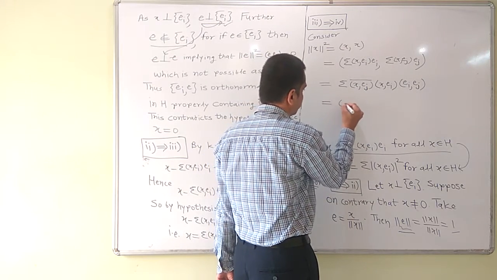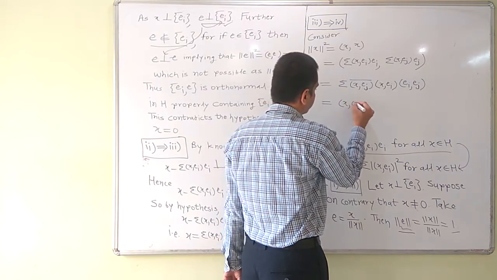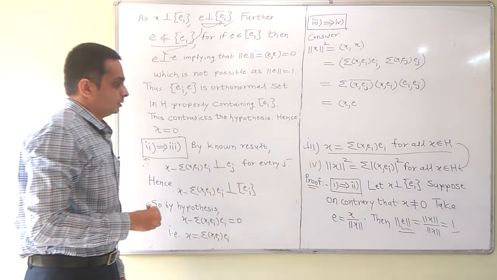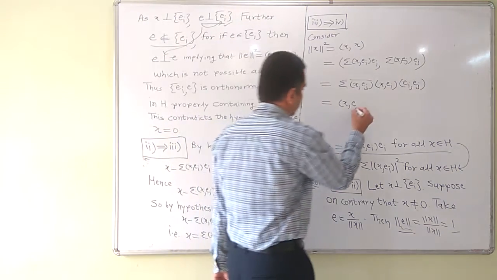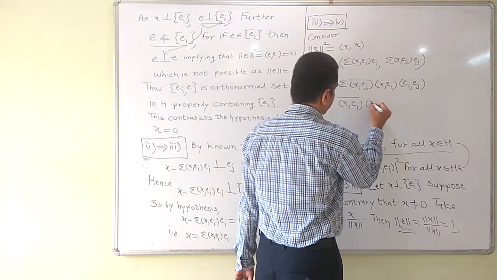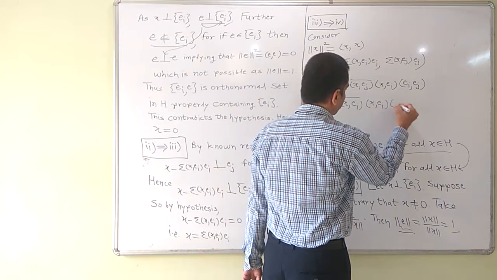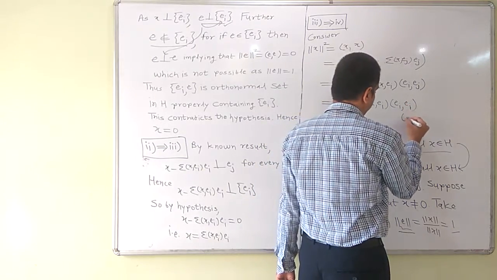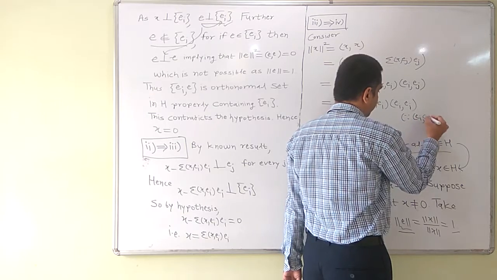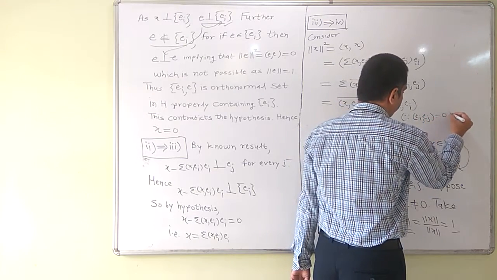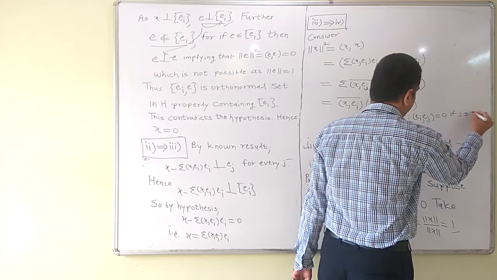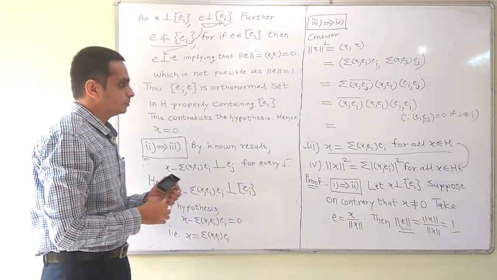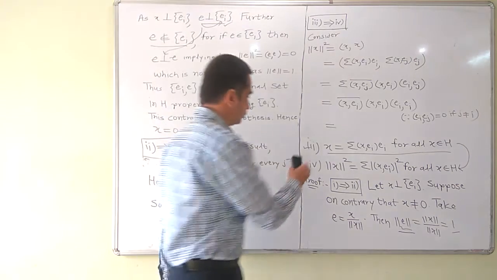So we have the simplification, this equals inner product of x ei conjugate x ei, inner product of ei and ei, since inner product of ei and ej is 0 if j is not equal to i.